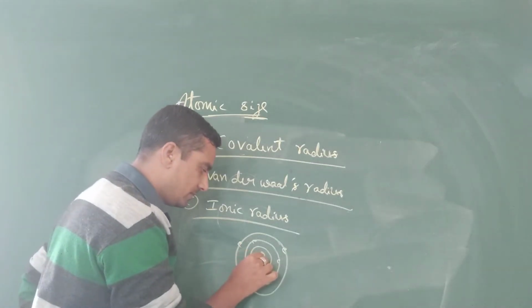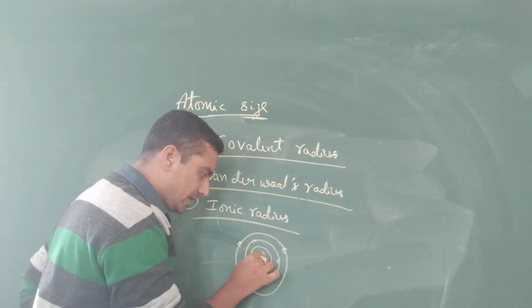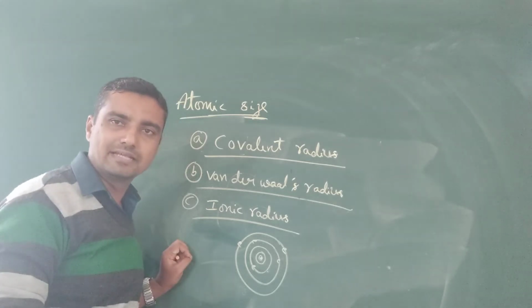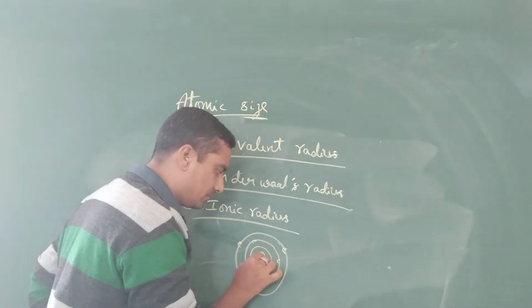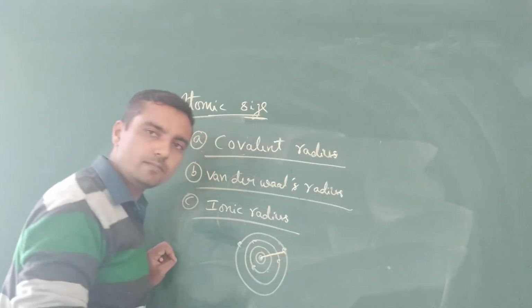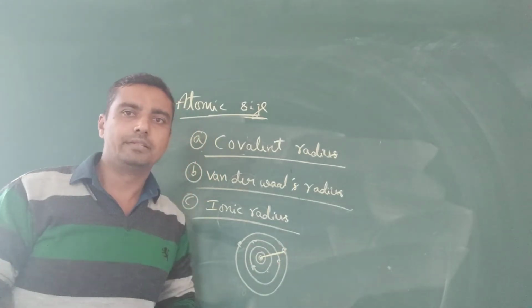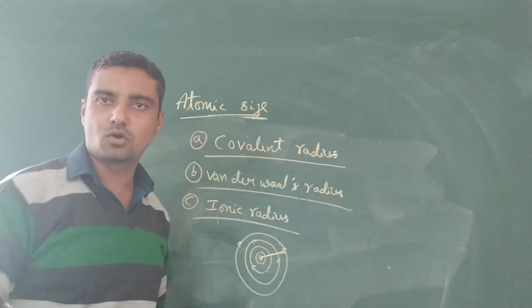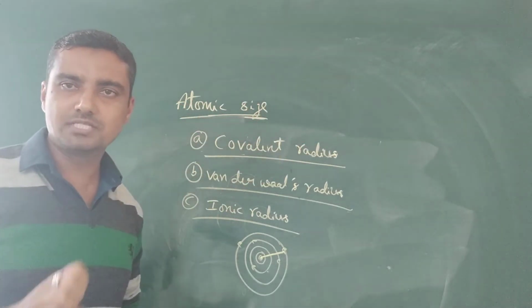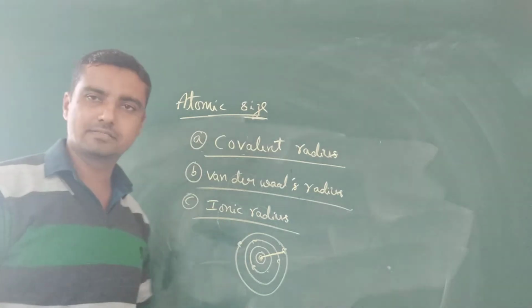Here this nucleus has influence upon the last electron, it has the capacity to influence its power up to the last electron. That influencing power we call the ionic radius.